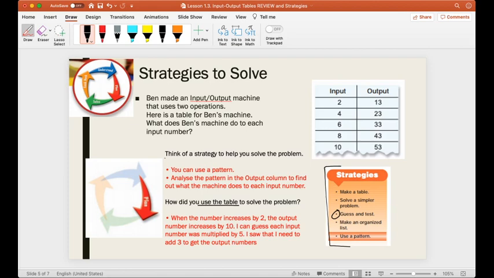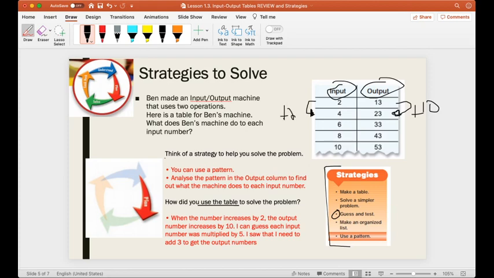We're going to look at the input, the output, and what's happening between each line. So what's happening from here to get to here? We should know that we're adding 10. When we go from here to here, you're adding 2.